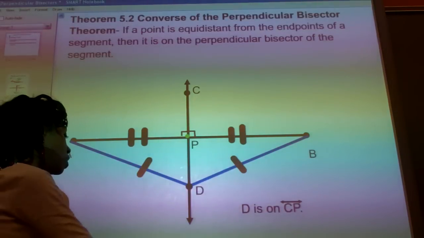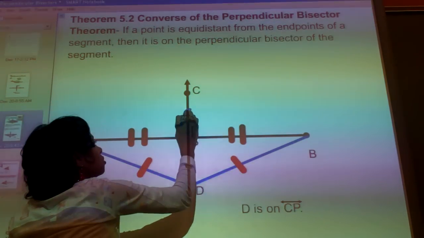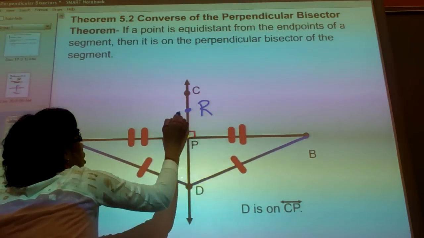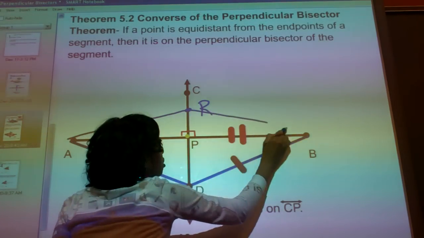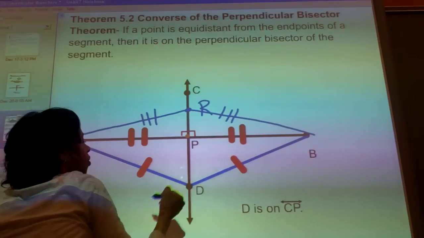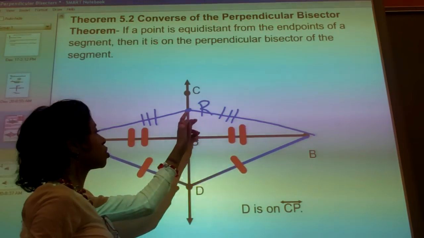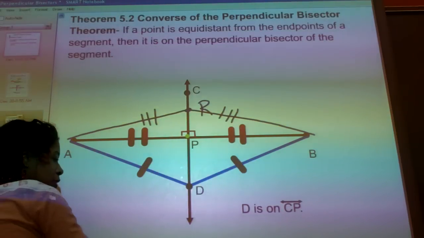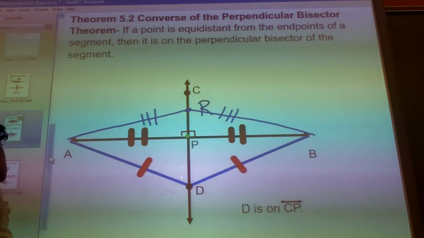So if I put a new point here, any point, and I call that R, I draw R to A and then R to B. If RA is congruent to RB, that automatically means that point R is on the perpendicular bisector. That's what the converse means.